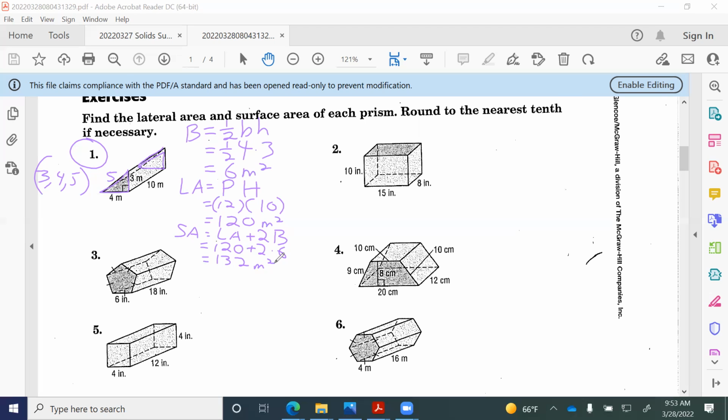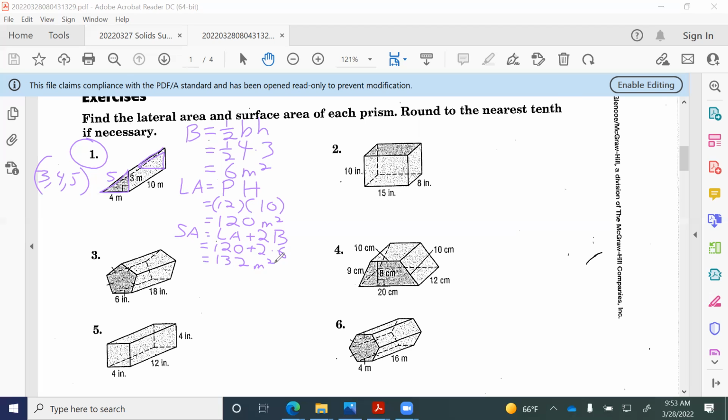On number 3, what's our base? The pentagon. So when we do our formula for area of the base, we'll do 1/2 AP or 1/2 ASN. On number 4, what's our base?